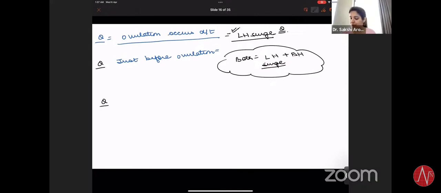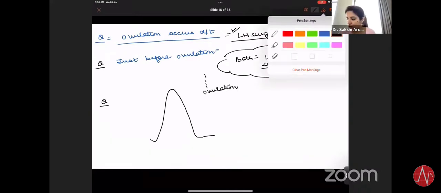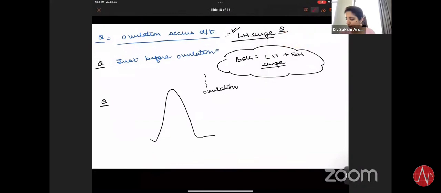Next question. So if this is ovulation, this is LH surge, and this over here is ovulation. So if I ask you, what is the time gap between LH surge and ovulation? कितना टाइम इंटरवल होता है बिटवीन LH surge and ovulation?